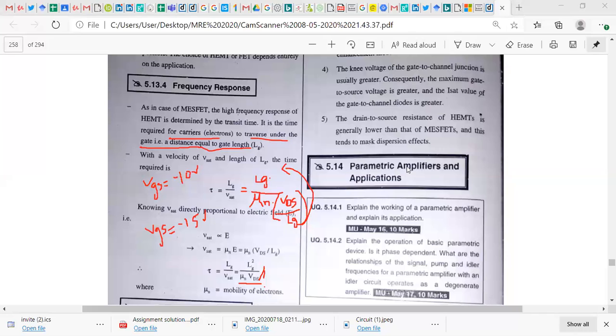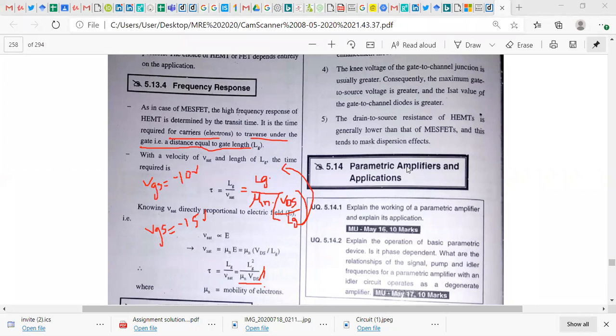If I have changed VGS from 10 to 15, what would you say? From 10 to 15 is a decrease in voltage.